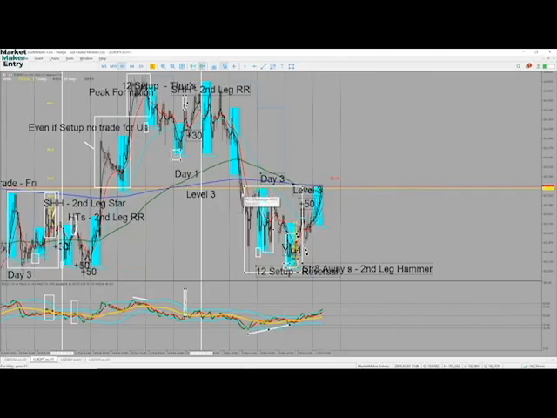Okay, day one, day two, yeah, day one, day two, and day three. Reversal comes back. So when you measure from here, should give you 1,000, yeah, around there.